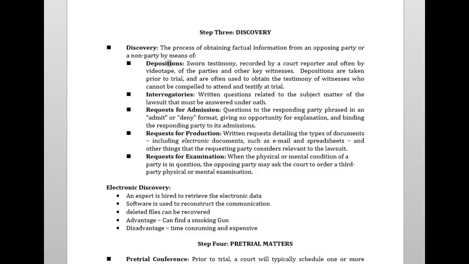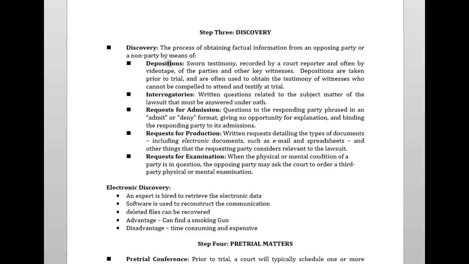So you'll have depositions, you'll have interrogatories, written questions that must be answered under oath. You can have requests for admissions, and these are questions to the party phrased in an admit or deny format. There's no opportunity for an explanation. It's just a yes or no type situation.